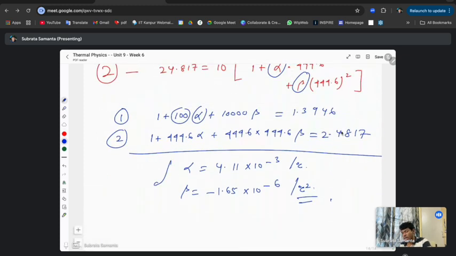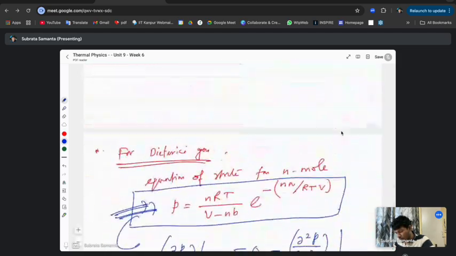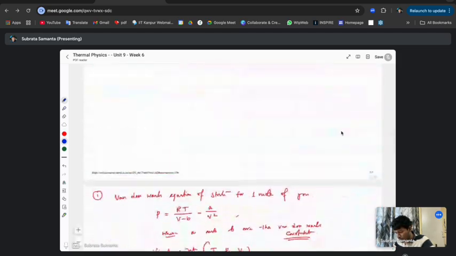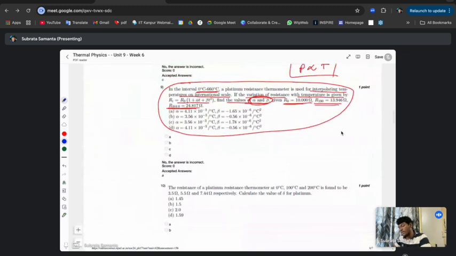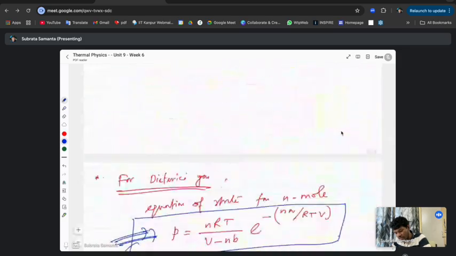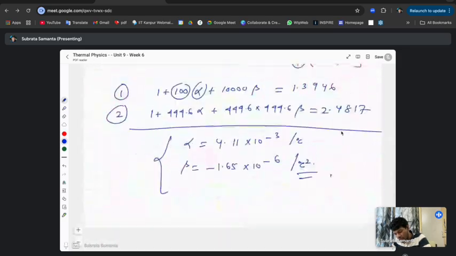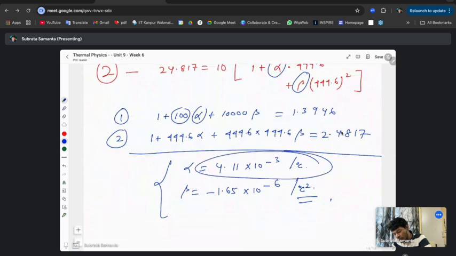Once you know the alpha and beta values, the problem is basically to calculate alpha and beta, so we already calculated. Let's check the answers. Alpha we got 4.11 times 10 to the power minus 3 and beta 1.65.